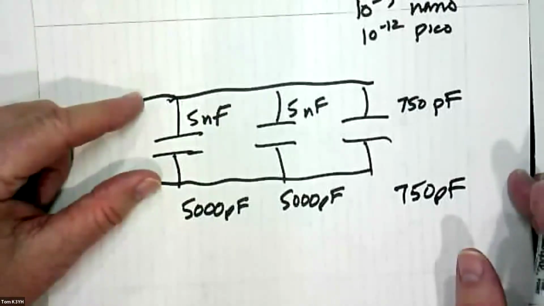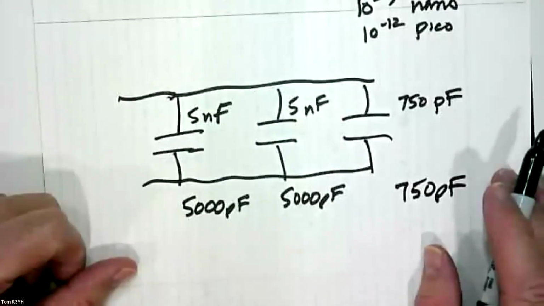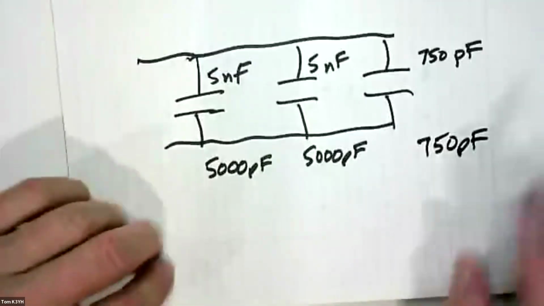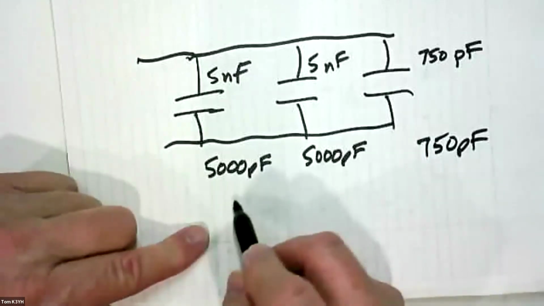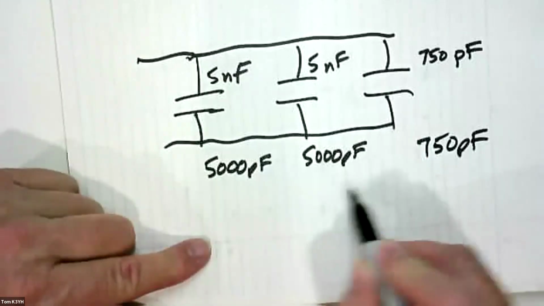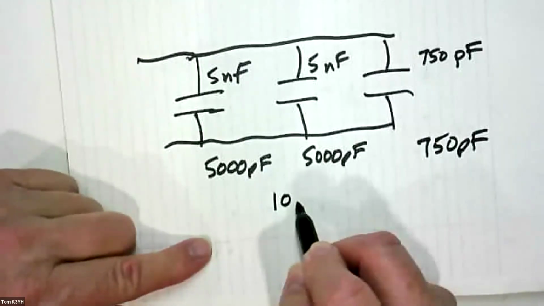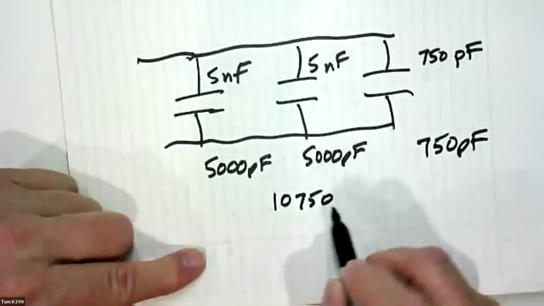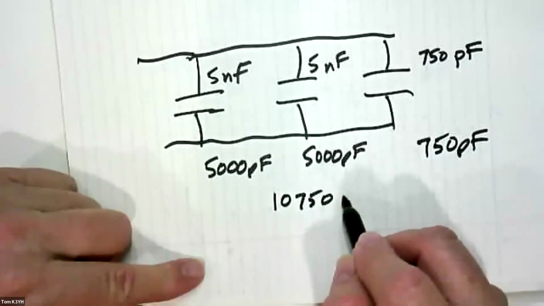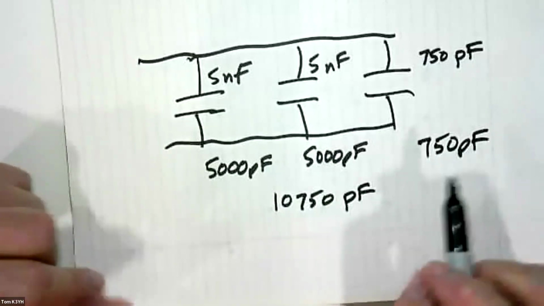You just have to remember that capacitors in parallel add up like resistors in series. So it'll be 5,000 plus 5,000 plus 750, which is 10,750 picofarads.